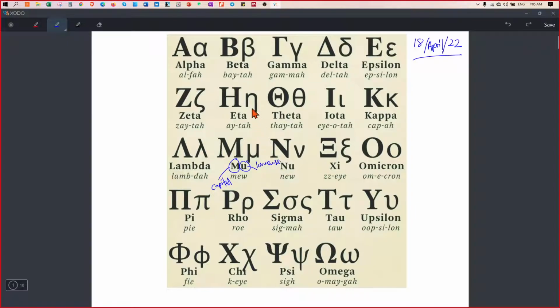Each of these letters are not going to be used all at once today. We will specifically use one letter today, namely psi. You pronounce it as sigh.